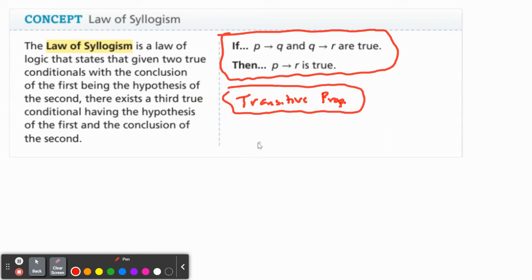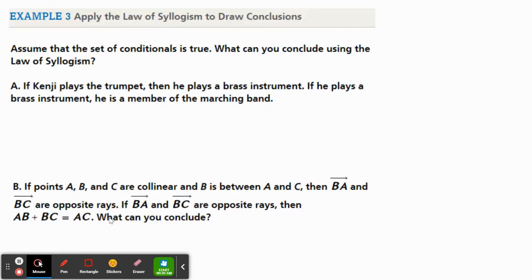So we know that if P, then Q is true, and if Q, then R is true. What that means is Q is our middleman. We're going to cut the middleman out, and directly connect the hypothesis of the first with the conclusion of the second. If P, then R. And that's what we're doing here. So you'll see that it's going to involve a lot of if-thens. All right, so let's take a look.